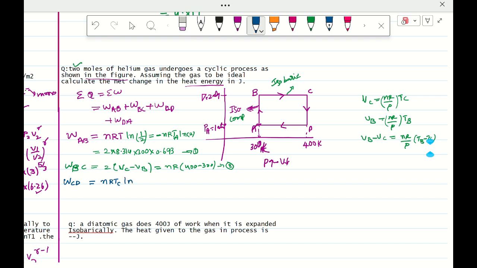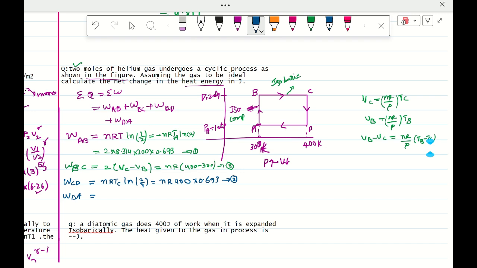Therefore ln of P1 by P2, that is Pc by Pd, that is equal to 2 by 1. So that is again nR into 400 into 0.693. So equation 3.